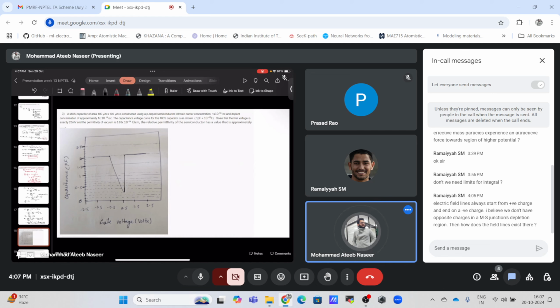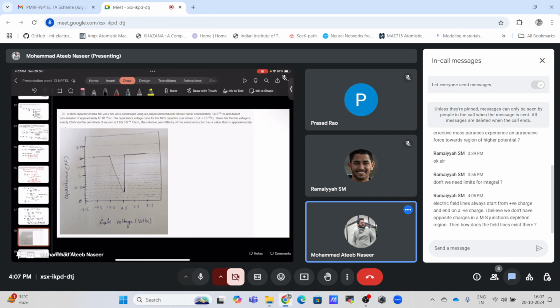That's what I was talking about, this Debye length, or there is another term I don't remember at this particular time. So you have these charges terminating from the metal to the semiconductor. There will be charge in the metal side, there will be charge in the semiconductor, and as a result you will have an electric field. Clear.